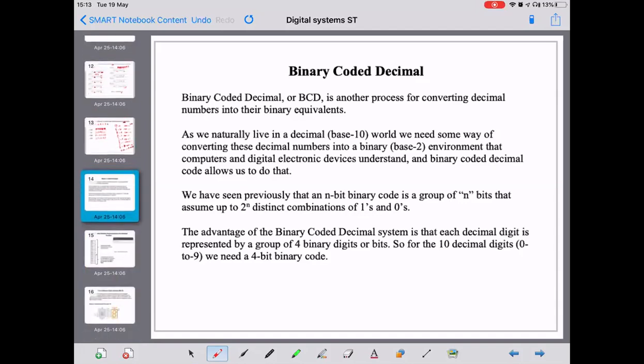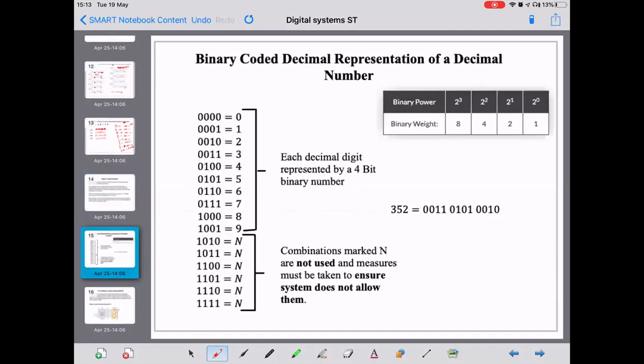Okay? So the way that's done, if we look at the binary coded decimal, so we'll look at one 4-bit word, we've got the most significant bit representing 8, and the least significant bit representing the 1s, and then we've got the 2 and the 4 in between.